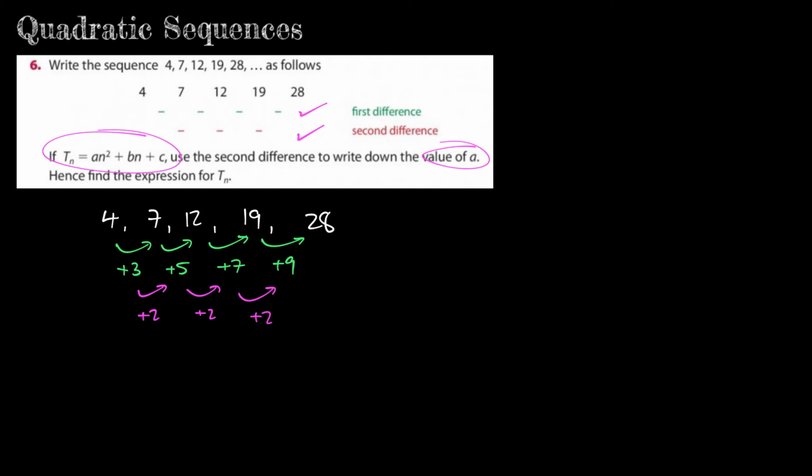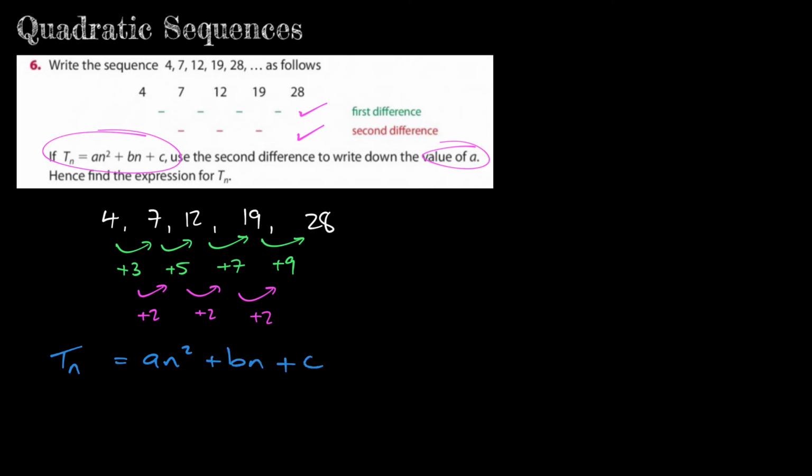And what you're going to learn from this is the value of a. So when you have a quadratic equation, or a quadratic pattern like this, the value of a is always half the second difference. So you take the second difference and you divide it by 2. So you might want to take a note of that. So t of n is equal to an squared plus bn plus c.